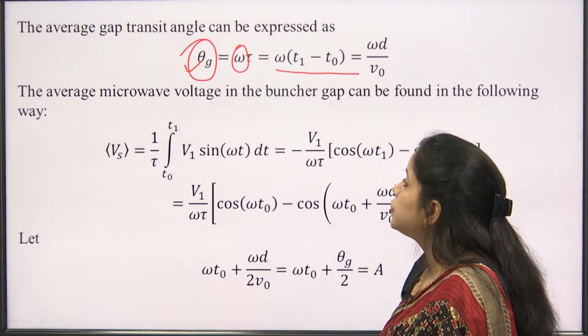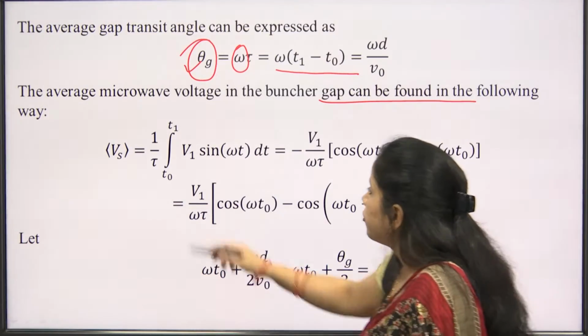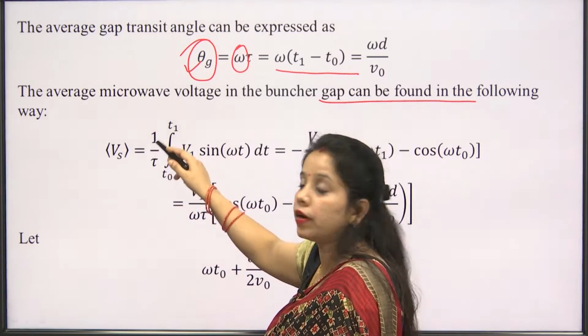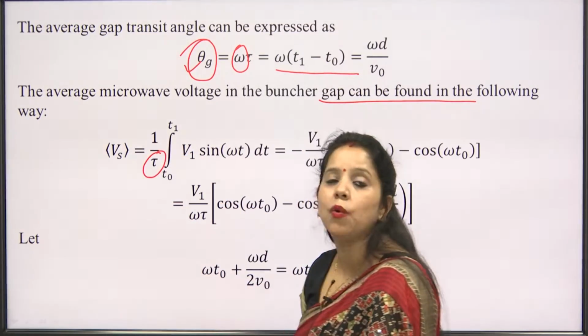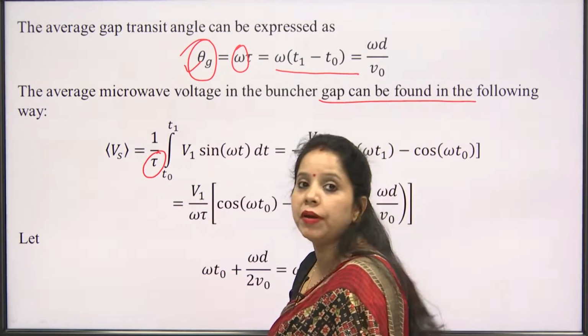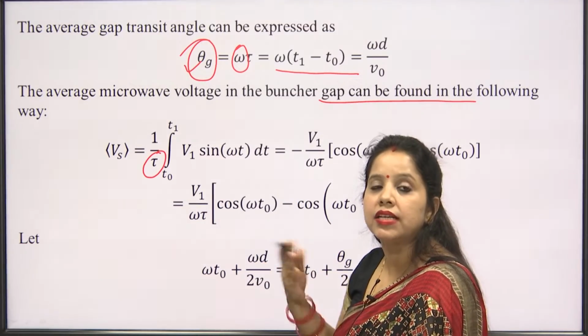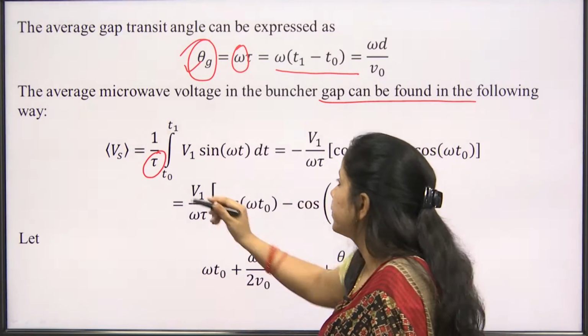Now the average microwave voltage in the buncher gap can be found by this average. That is why we have taken tau in the denominator, with limits T0 to T1, because we are talking about the buncher cavity, and the buncher cavity transit time is T0 to T1.